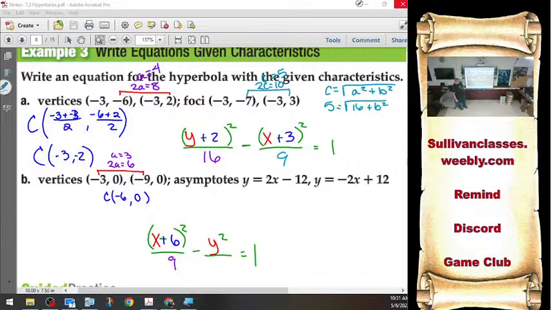If I said that the asymptotes are 2x minus 12 and -2x plus 12, then that means I have a slope of plus or minus 2, which is written as 2 over 1. Is my slope for this particular hyperbola going to be a over b or b over a? Y's over x's, b over a.